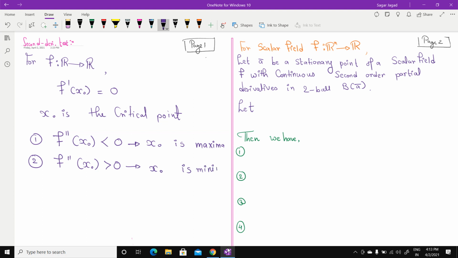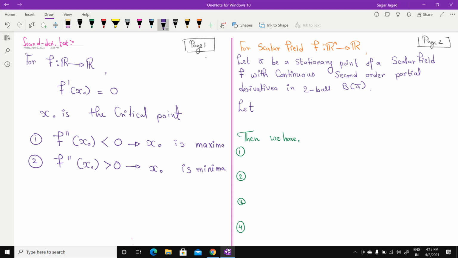Okay, so we'll just generalize the same idea for the scalar field. But for the scalar field, we won't find the double derivative. We will go for the Hessian matrix that we have learned in this video. So let a bar be the stationary point of a scalar field f.